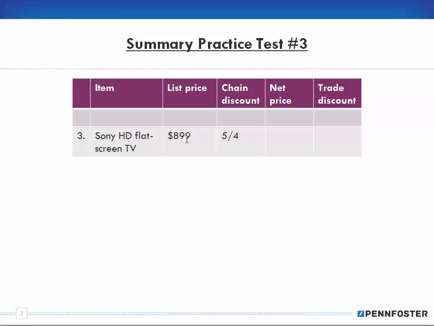Number 3 here, chain discount. Okay, so I have a list price of $899, a chain discount of 5% and 4%, and it wants to know what the net price is and the trade discount. I could figure out the net price and subtract it from the list price to get the trade discount amount. So 5% and 4%, right?